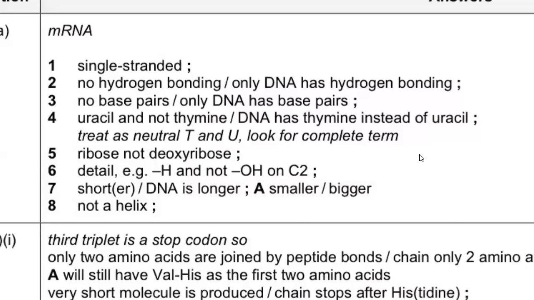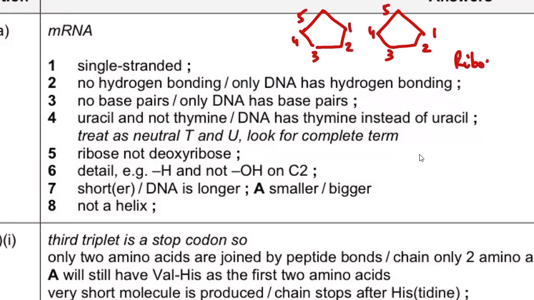Miss, can you explain what the 6th point means? Detail, for example H and not OH on C2. This means that when you write down the difference between ribose and deoxyribose, carbon 1, 2, 3, 4, 5. Suppose this is ribose.